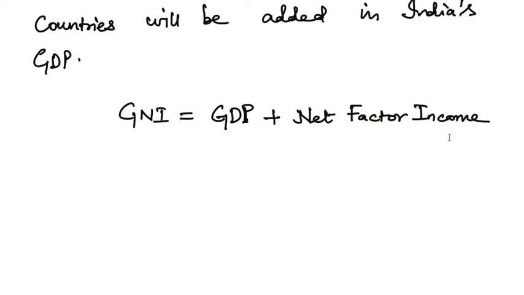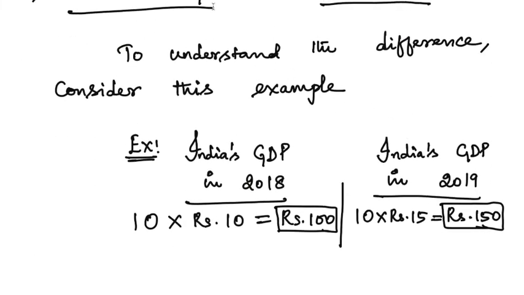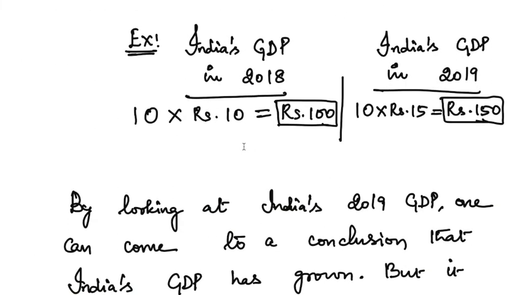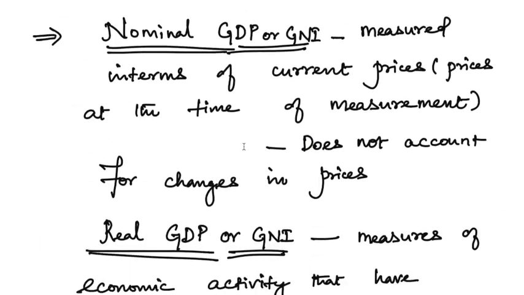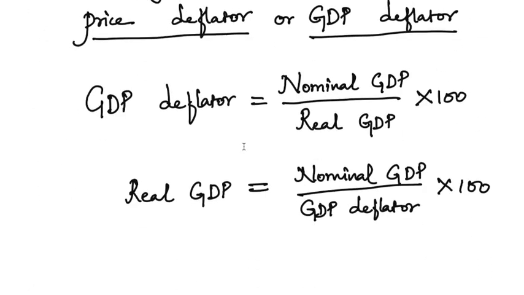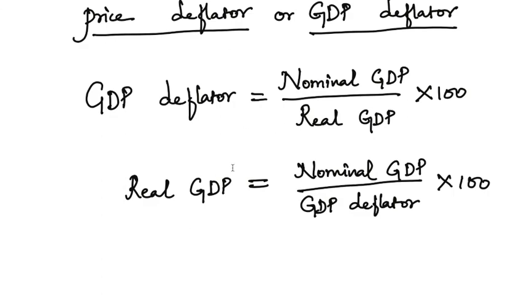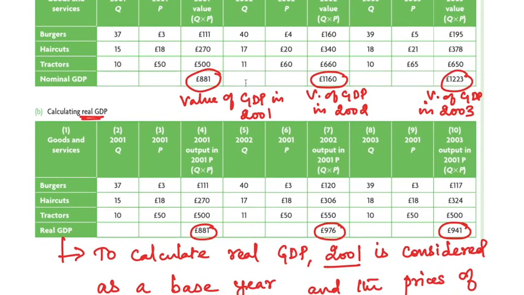For net factor income, we add the income of the country's residents living in different parts of the world, and then we deduct the income earned by foreign nationals living in the country. So what we get is net factor income. You also have nominal GDP and real GDP. We looked at all these things, and these are the formulas for GDP deflator, real GDP, and all that.